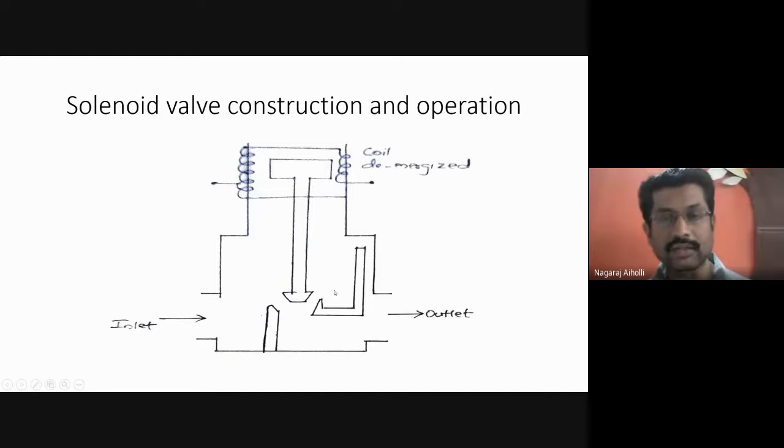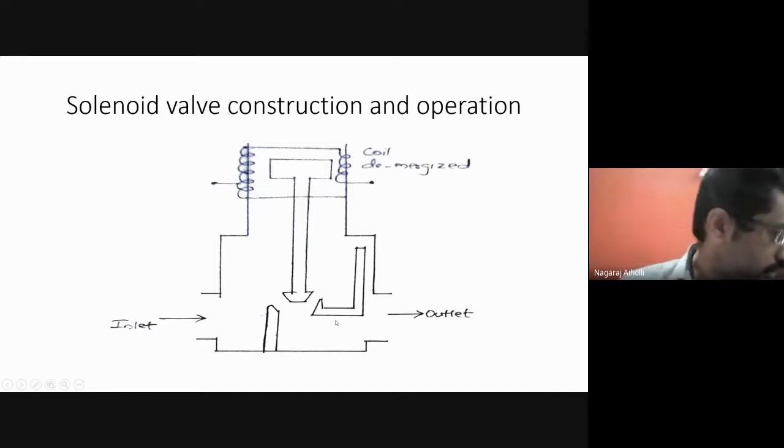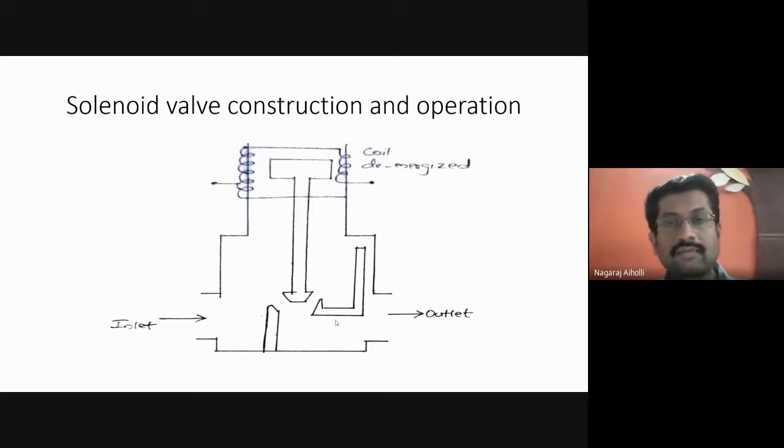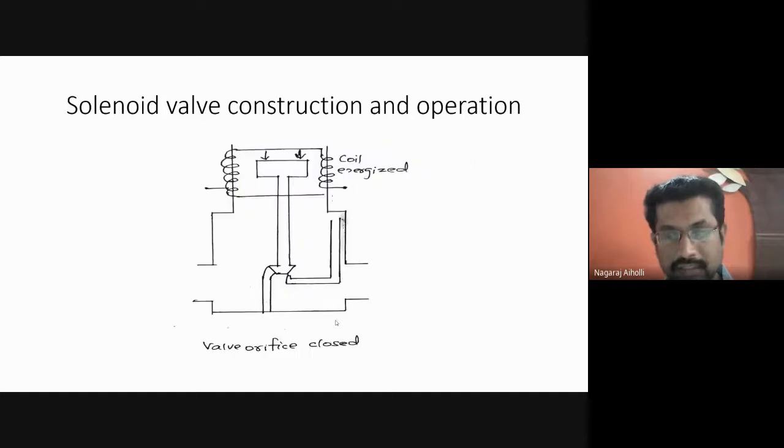Okay, so this is how the solenoid valve works. When the coil is energized, here, what is happening? The plunger moves towards the orifice.